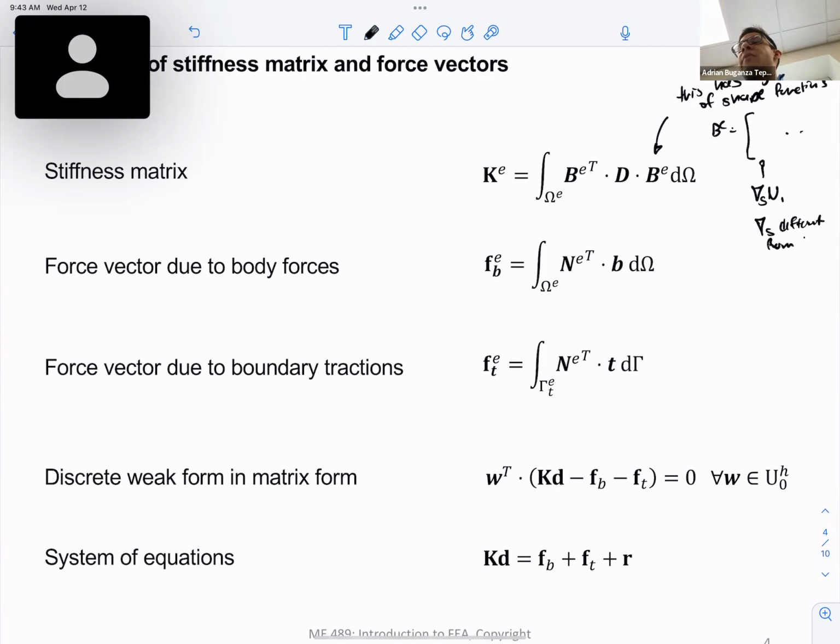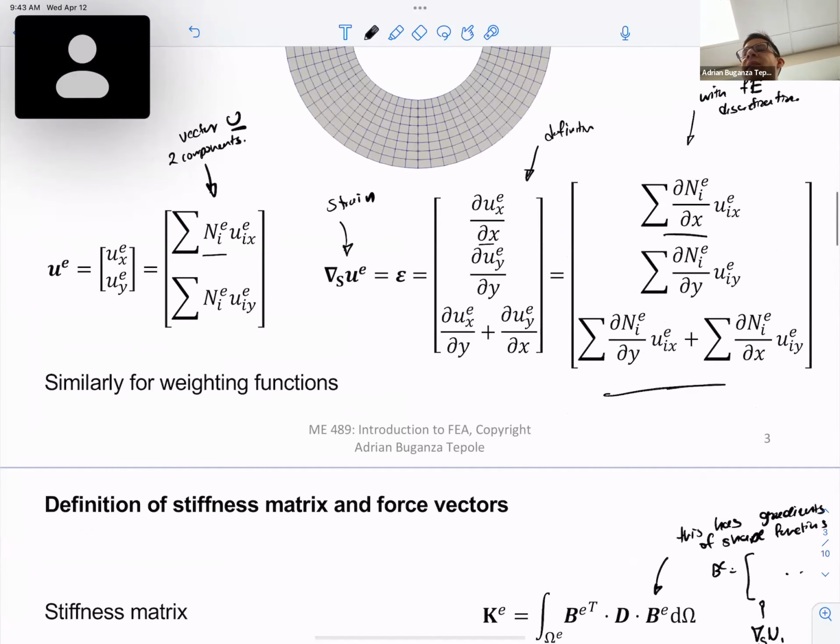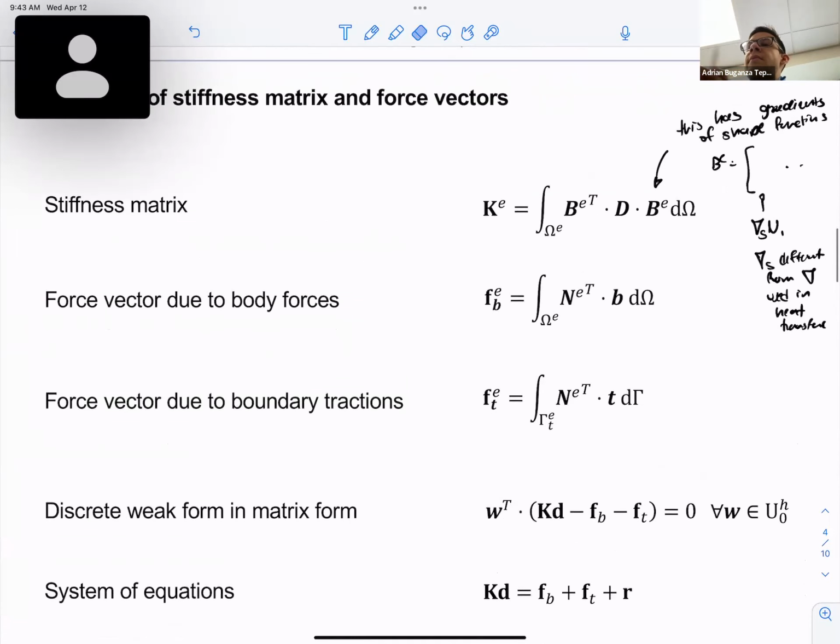This is different from the gradient that we use in heat transfer, and it's given by this. The gradient used in the heat transfer problem is just these two. But the idea is similar, and you need to integrate that.